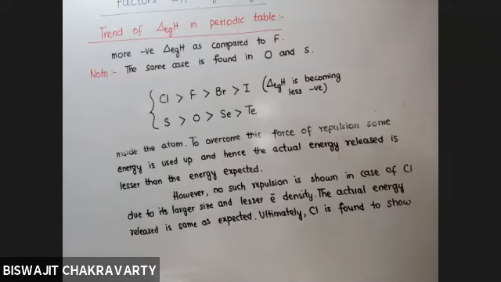So these two important facts must be taken care of, because based on this fact, the whole concept of chemical bonding is lying. When the two atoms combine, what type of bond they will form completely depends upon the metallic and the non-metallic property. If one is very highly metallic and the other is very highly non-metallic, then the type of bond they will form is called an ionic bond.